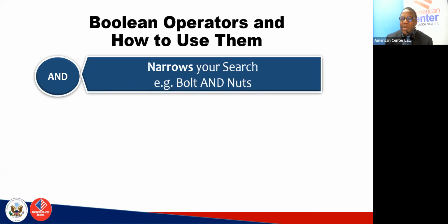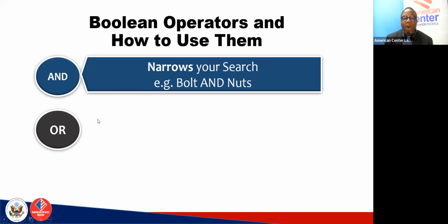In other words, if you are looking for something very, very specific, just like we did, you make sure that you gather as many keywords as possible to describe what you are looking for. If you are looking for bolts and nuts, that and is very important. That's the way the search engine will understand what you're talking about.